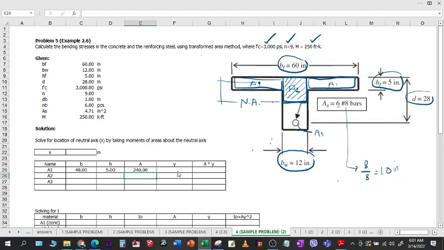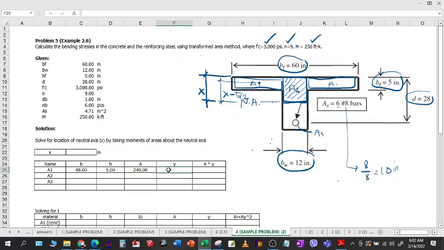to the neutral axis. Now, let me designate this one. The distance from the neutral axis to the topmost portion or the compression fiber, call this one x, and this is your unknown. So here, that will be x minus 5 over 2.